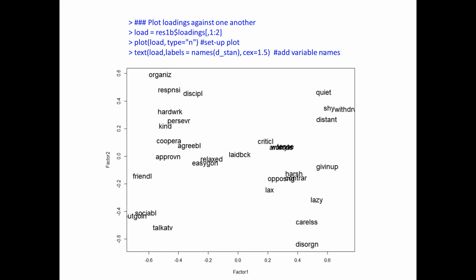So you can see in the upper right corner, quiet, shy, withdrawn, distant, and in the lower left-hand corner, sociable, outgoing, and talkative, which are the opposite of quiet, shy, etc. So it seems to be that factor analysis is providing some good information. The variables that are similar are hanging together. They are coherent.